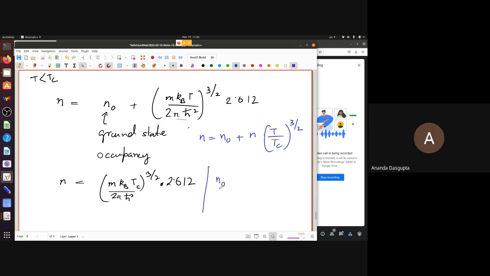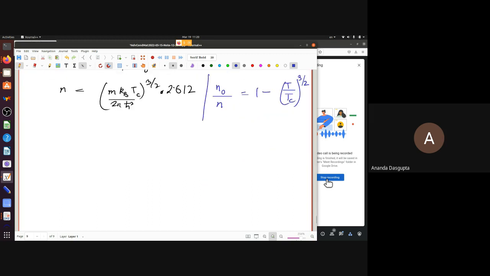So we get our formula for the fraction of particles which are there in the ground state, given by 1 minus T by Tc, the power 3 by 2. Or again, it's useful to take a look at what this looks like. When T goes to 0, that is, when you get to absolute 0, this thing is 0.